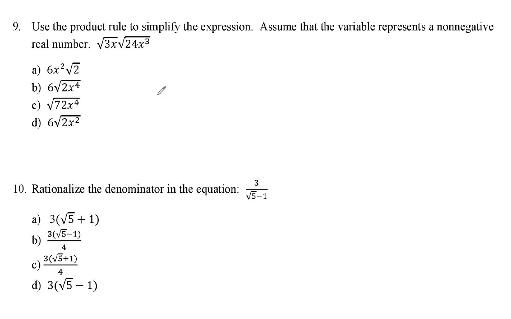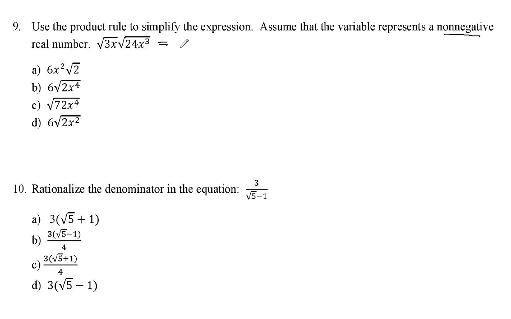Number 9, we are working with some radicals here, some roots, and we want to use the product rule to simplify this expression. We're assuming that the variables are representing non-negative real numbers, so that means x here is going to be greater than or equal to 0. So remember, the product rule lets you multiply these things together underneath one root sign.